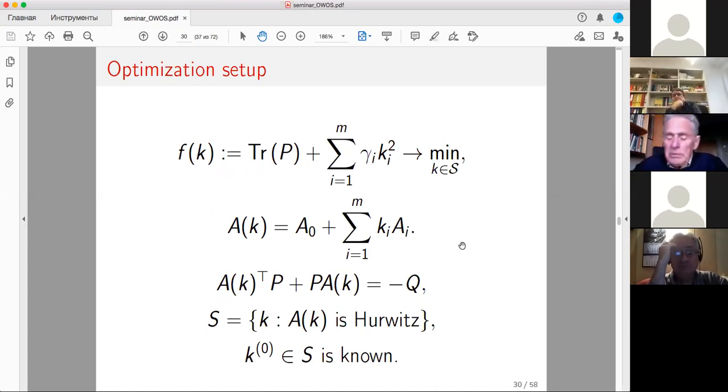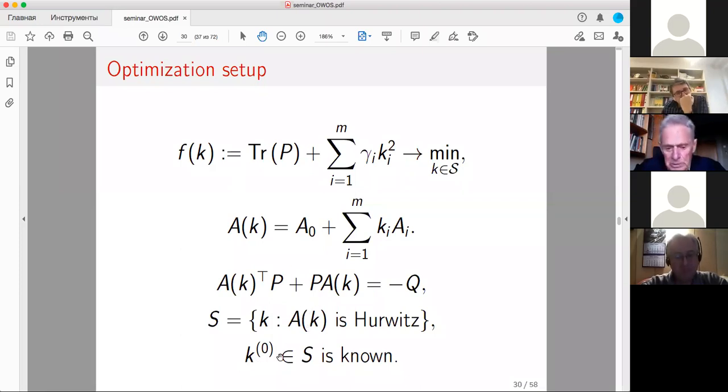Okay, now if we use the same technique as above, we rewrite our problem, and we obtain the objective function of this sort, where matrix P is the solution of the Lyapunov equation, and also what is needed is to have this matrix Hurwitz stable.